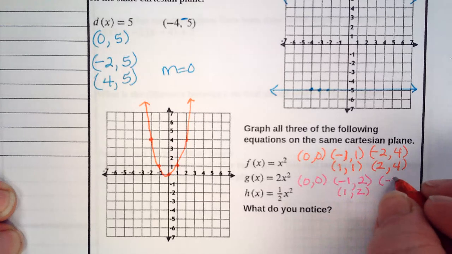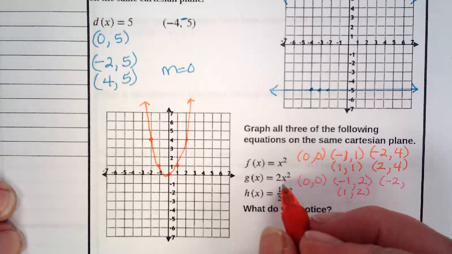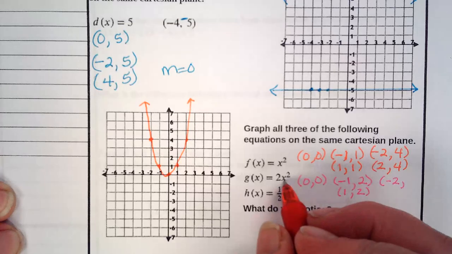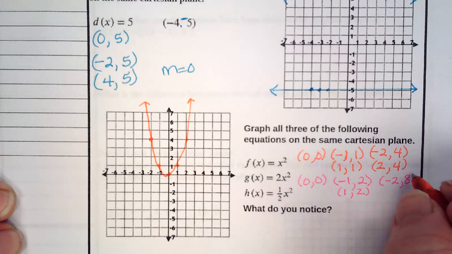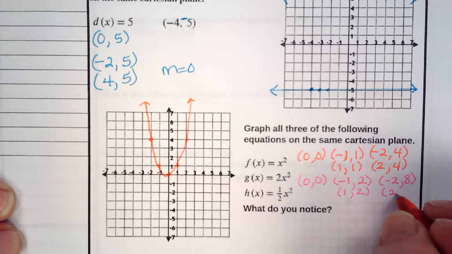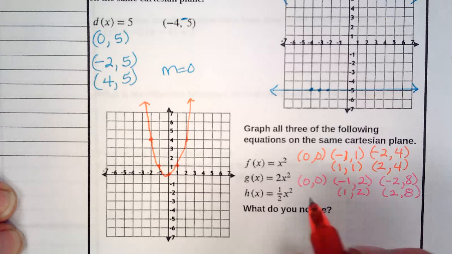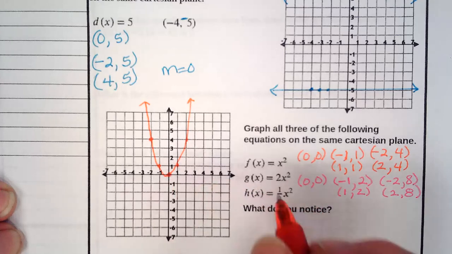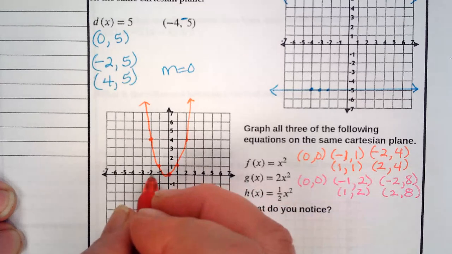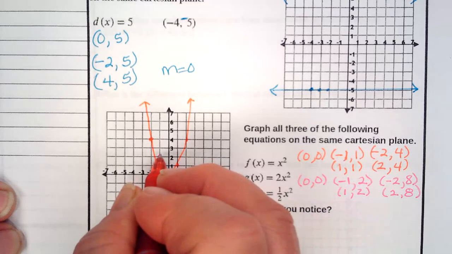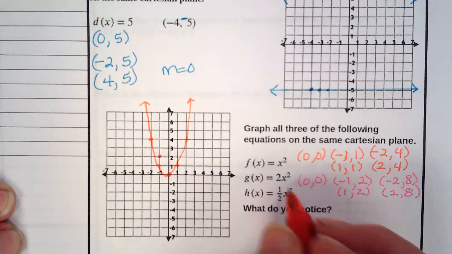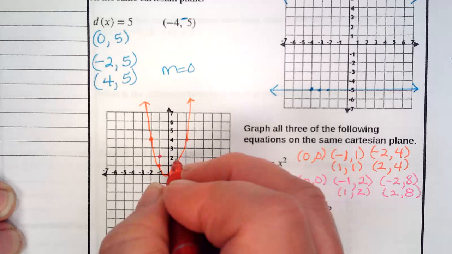If it is -2, you're going to end up with 4, and it's going to be 2 times 4, which will give me 8. If it's +2, the same thing happens. So, 0, 0, -1, 2, 1, 2.